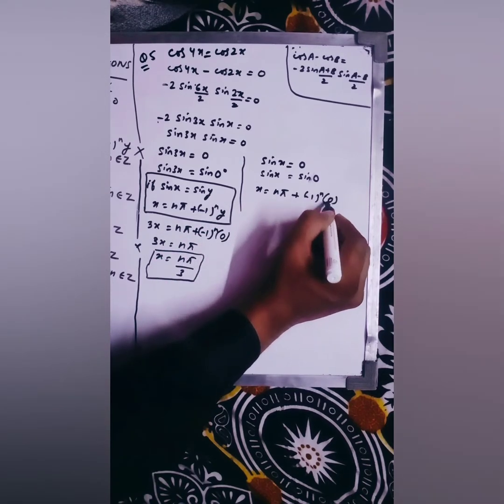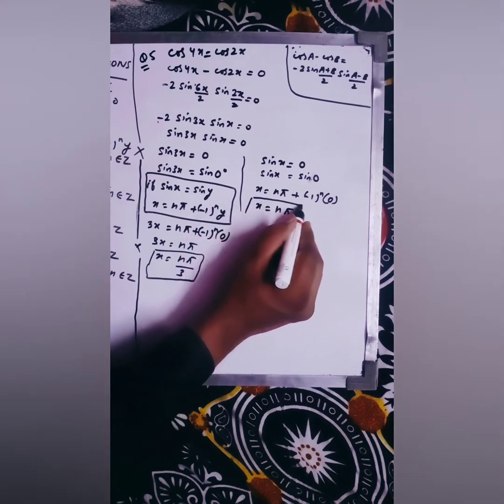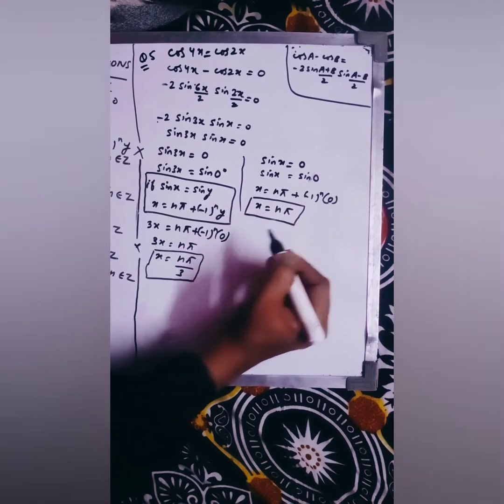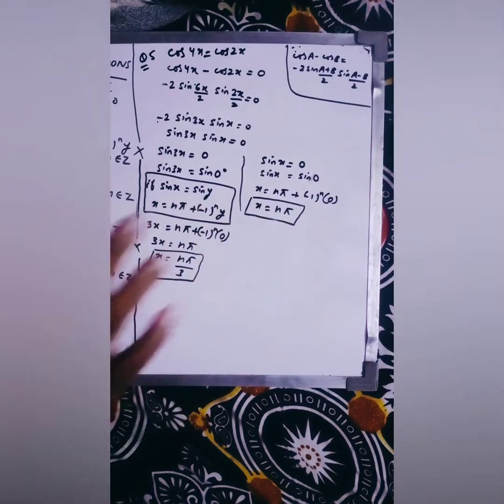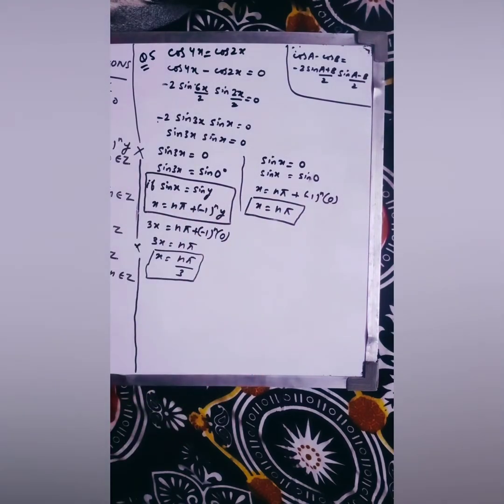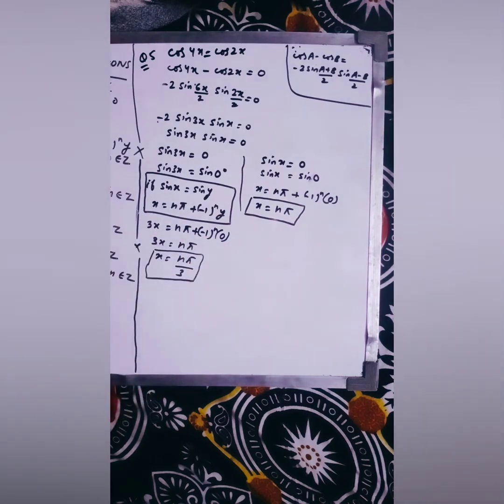So you have to write 0. So your answer would be x is equals to n pi. So this is the solution. These are the two general solutions of this equation. Fine. So this is how you can solve question number 5.